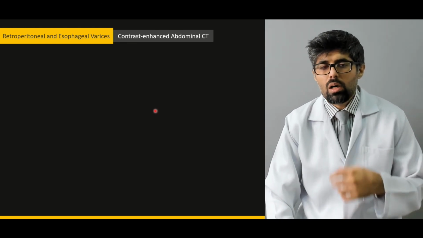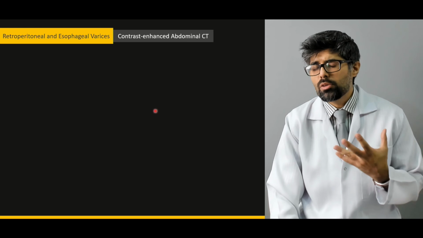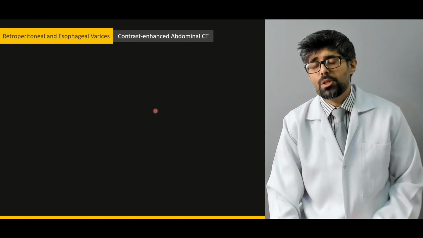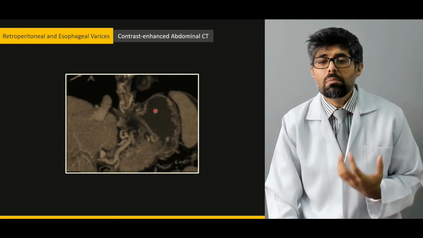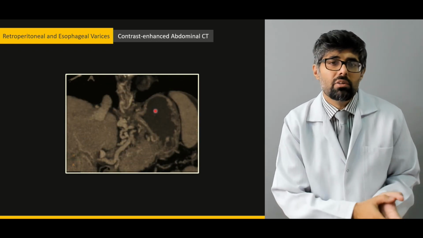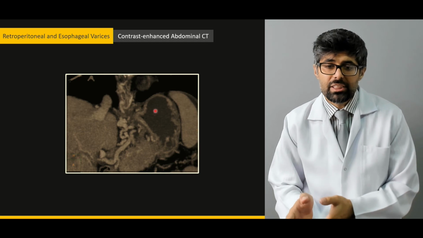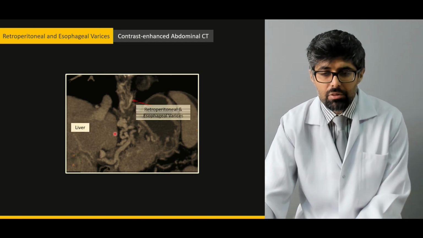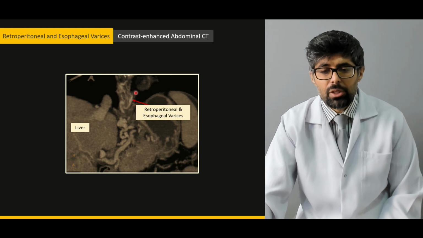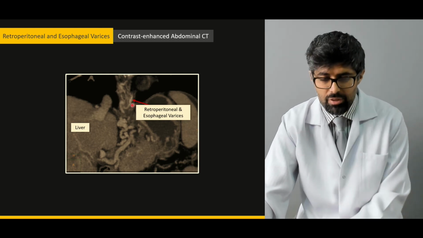Now, like I said, one of the most common causes of upper GI bleed is esophageal varices, which can be easily detected on a contrast enhanced abdominal CT scan. As you can see, this is the liver, and these are the retroperitoneal esophageal varices.